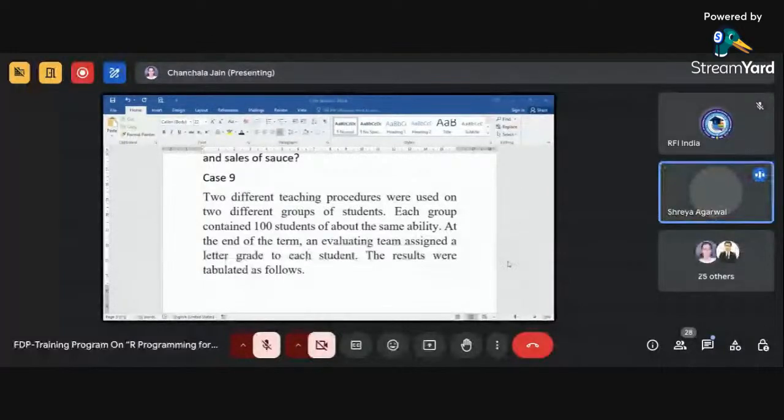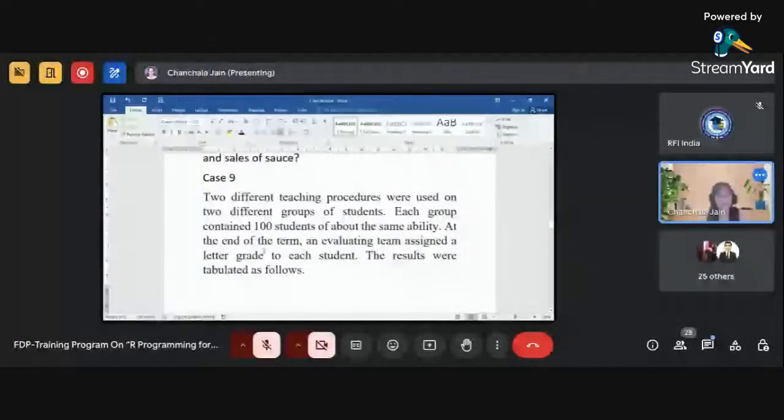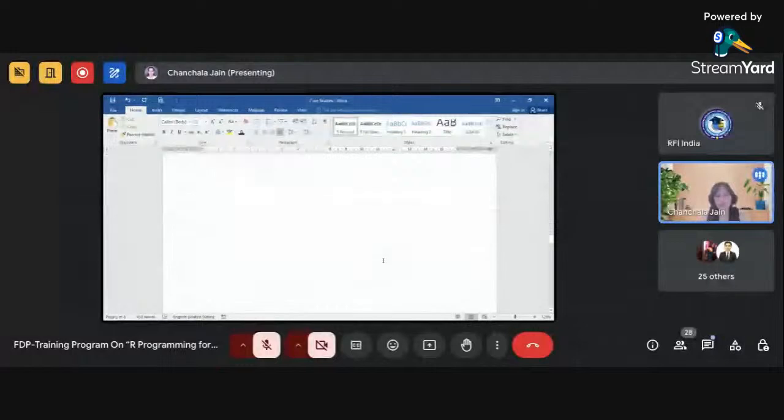Just a minute, I haven't seen that situation. I need to check. Two different teaching procedures were used to teach the content and at the end of the term. I think we can skip this. Maybe I have not taken the data, so we can skip and come to the 10th number.